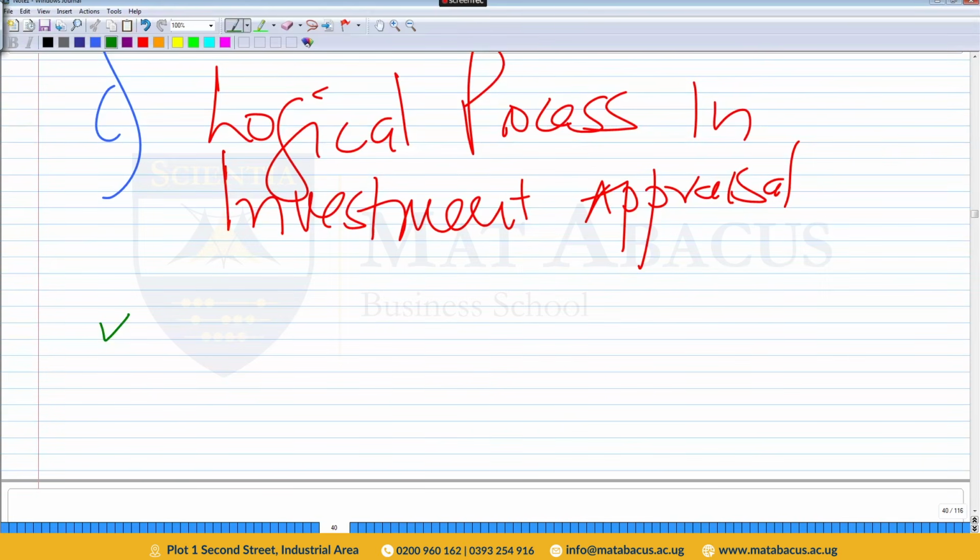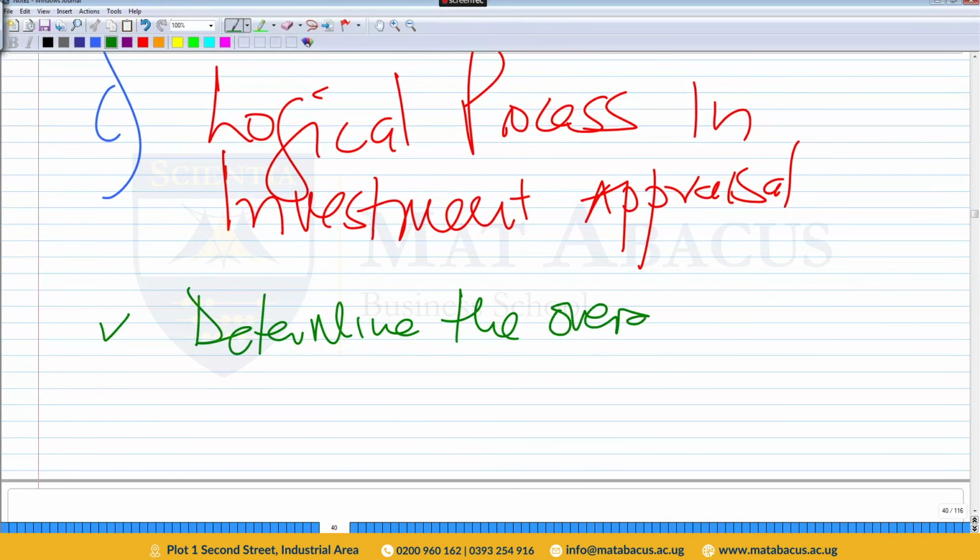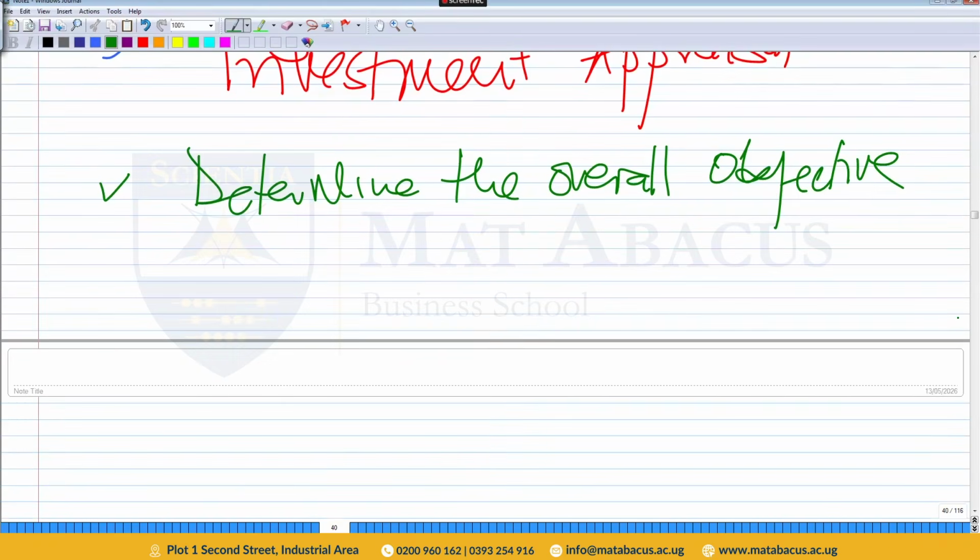Always determine the overall objective of what you intended to do. This can be seen from the strategic plan.